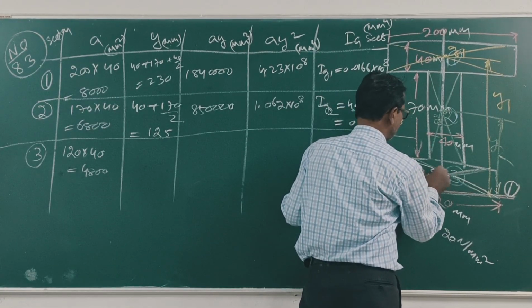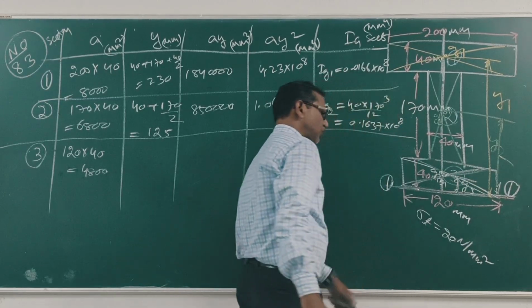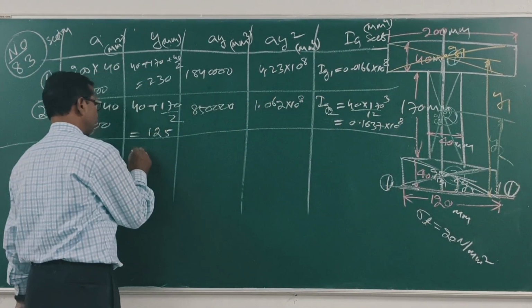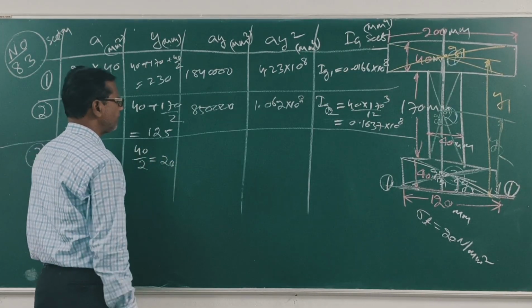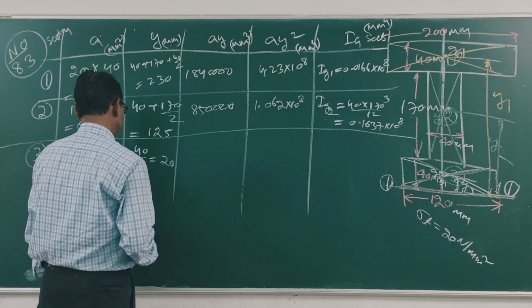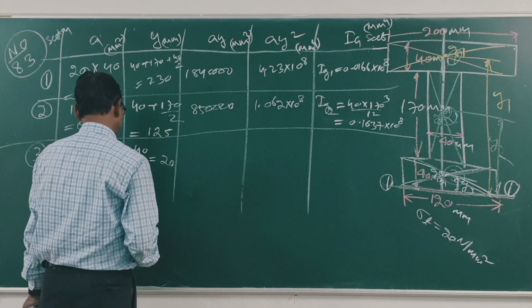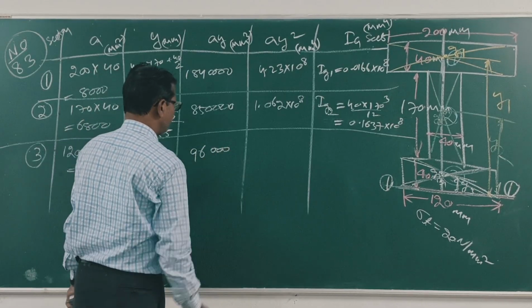This is G3, this is y3. What is y3? 40 by 2 is equal to 20. Ay is 96,000.